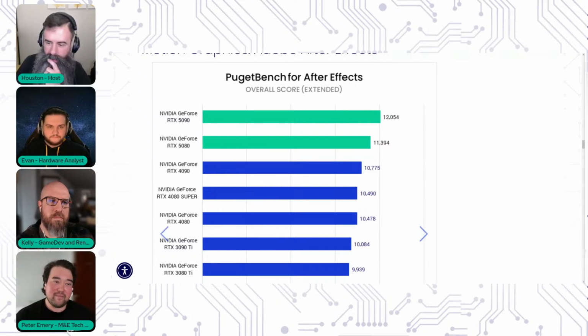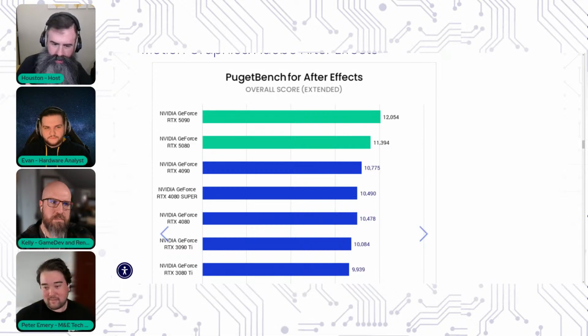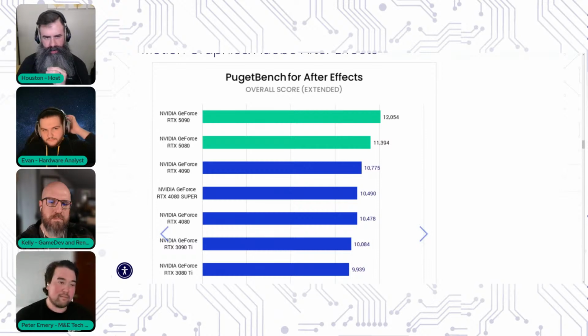Yeah. I want to grab this question from YouTube real quick. Jacob Gago, I believe: any thoughts on the 285K and 9950X? Would the results differ? I think Evan kind of touched on this earlier about QuickSync and some of the codec work. Yeah, I can maybe touch on that a bit more.